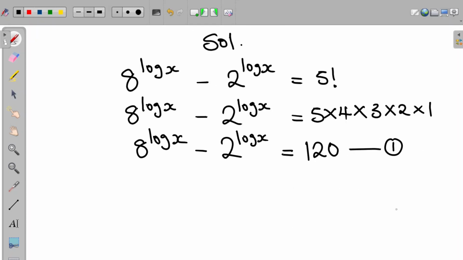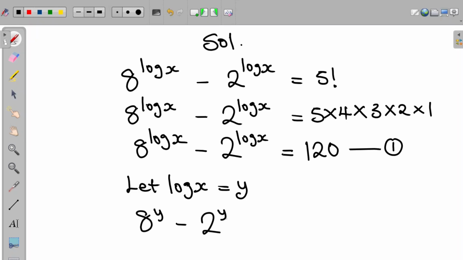At this point, we can let log x be equal to y. So therefore, equation 1 becomes 8 raised to the power of y minus 2 raised to the power of y is equal to 120.